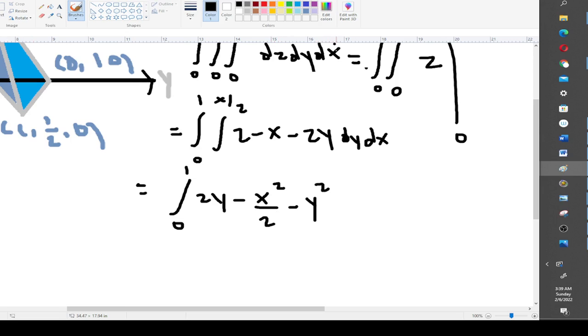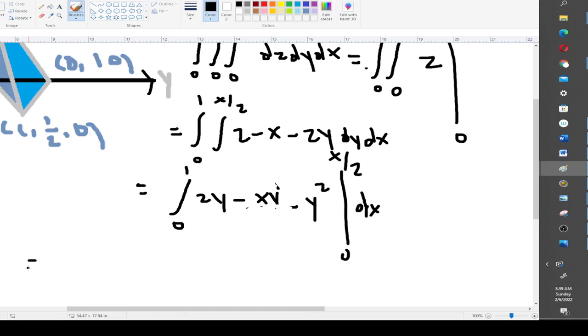Oh, mistake on this one right here, actually. This should actually just be negative xy. So don't do that. Just put negative xy. And then evaluate from 0 to x over 2, dx.